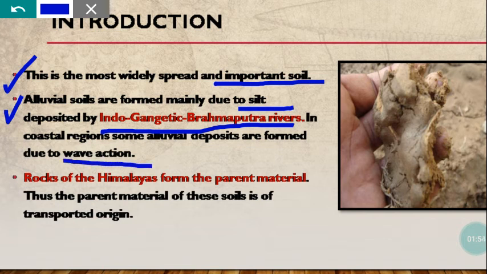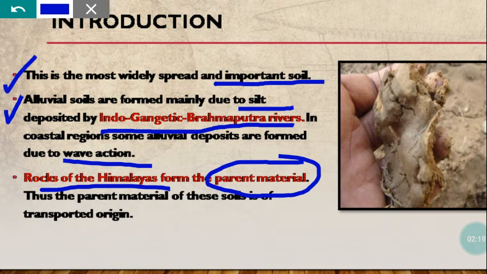And next, what is the parent material of alluvial soil? The main parent material is the rocks of the Himalayas. As the soil is mainly observed beside the Indo-Gangetic and Brahmaputra rivers, we can say that the parent material is from the Himalayan rock.